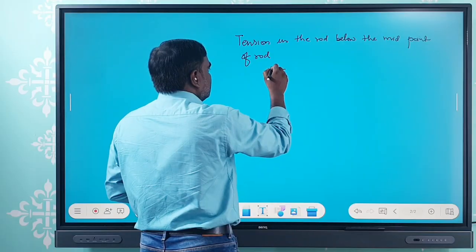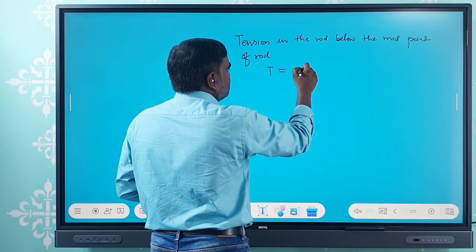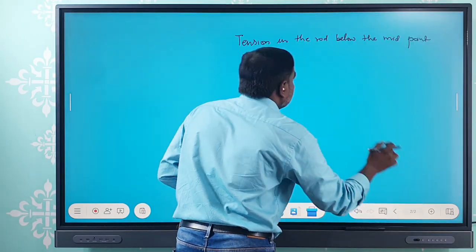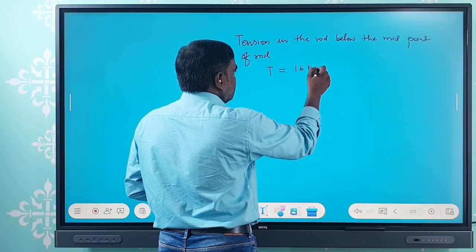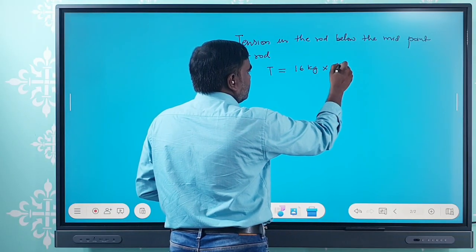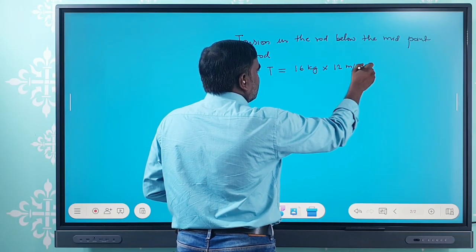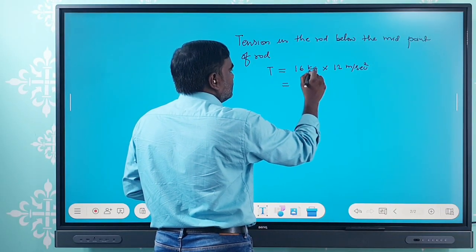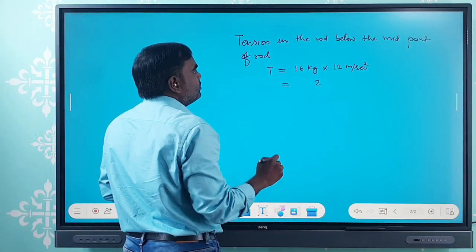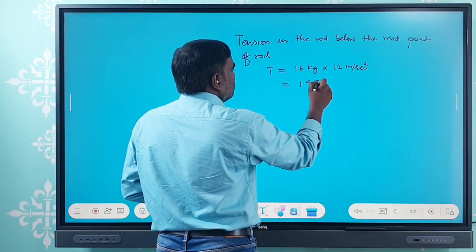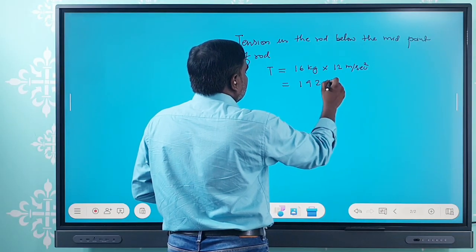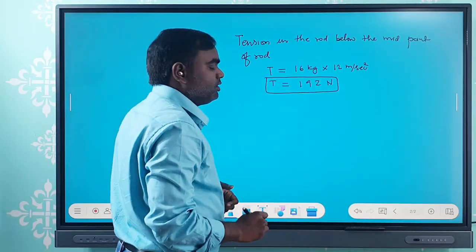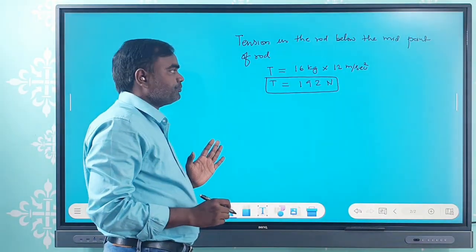T is equal to total mass 16 kg into acceleration 12 meter per second square. By multiplication you get 192 Newton. So by this method, the tension in the rod below the midpoint is 192 Newton.